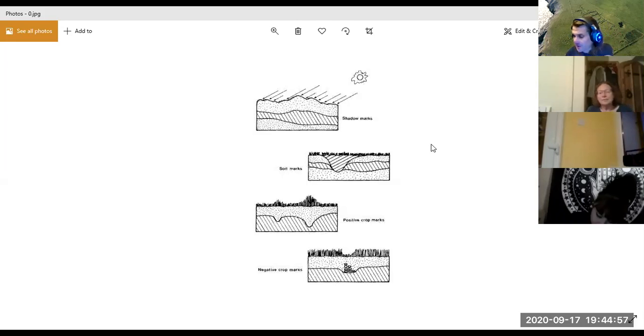We've all heard of the parable of the good sower, something I learned in infant school. This very much comes in when we're trying to work out crop marks, for example, positive and negative crop marks. A negative crop mark is where the crop grows very lightly on the wall, and a positive crop mark is where it grows very high on top of a ditch, as you can see.